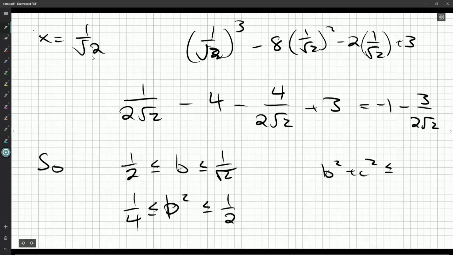We haven't done anything with C squared yet, but we know it's between 1.5 and a quarter. So we're not quite there yet. But really, I don't need that much more from c squared, because remember, c squared is going to be between 0 and 1, because c was between minus 1 and 0.